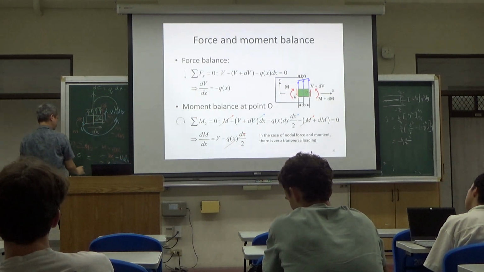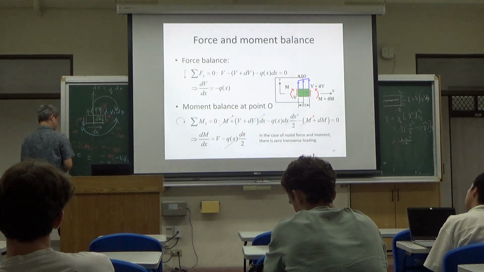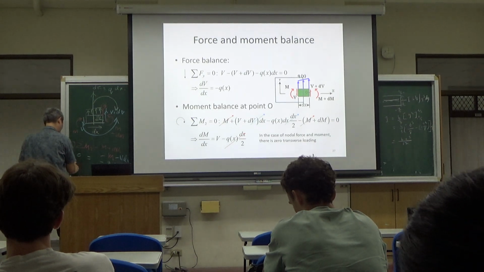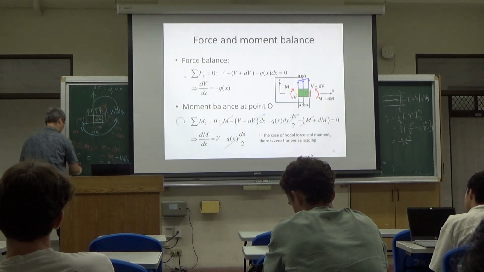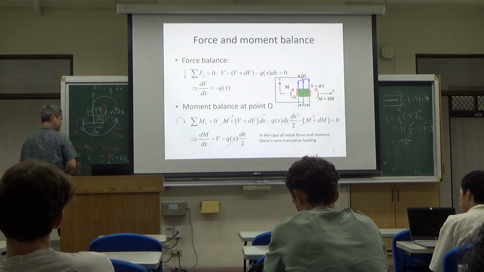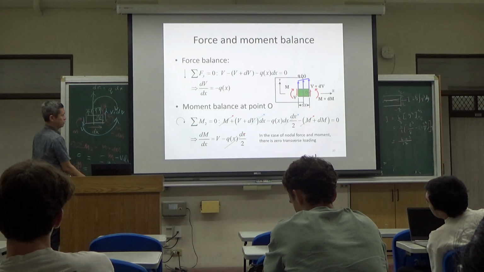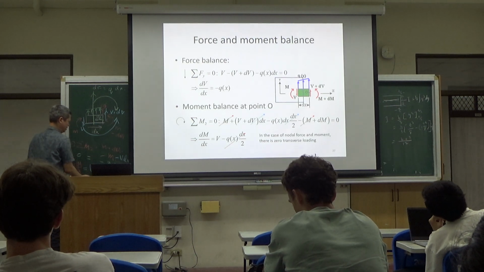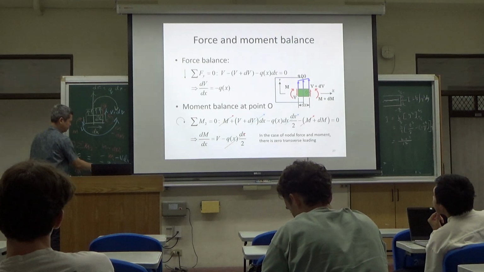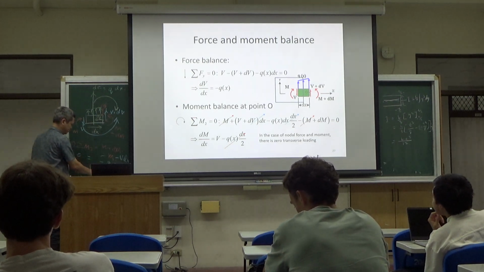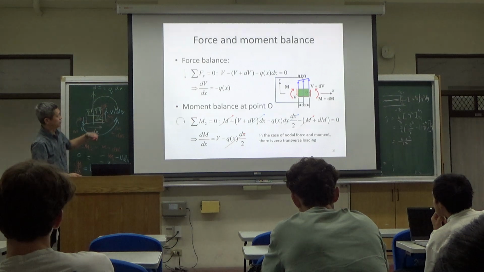So if you do the comparison, then your dm dx is equal to your b, and then minus q dx over 2. So this is minor. So this is how you derive.